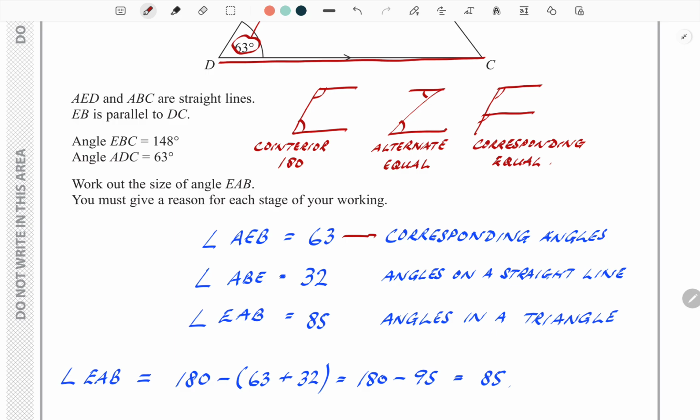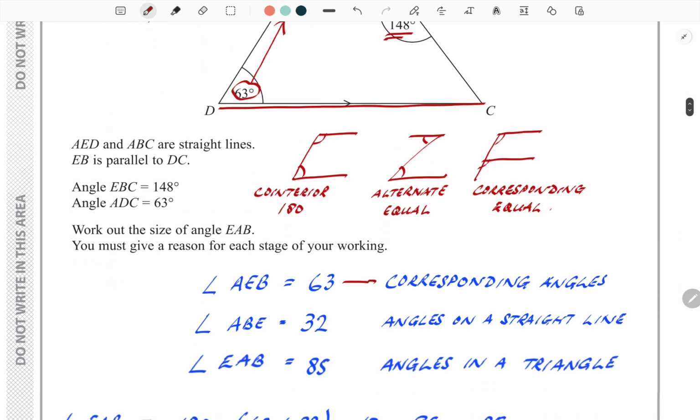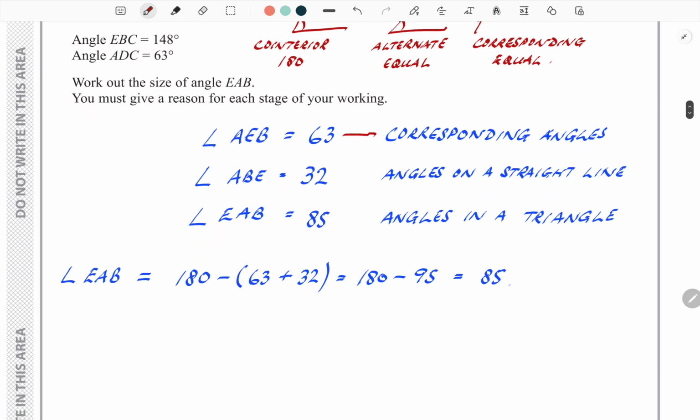Now that we have the two angles in the small triangle AEB, we know that 63 and 32 add up to 95, and x must be 180 minus that.